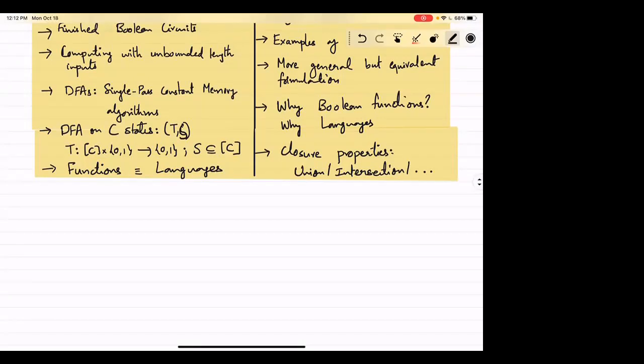And the definition, recall, had two important ingredients. The most important one was the transition function, T, which takes a state you are in and a bit that you're reading, and then tells you which state you're going to jump to next. So once I know this transition diagram, I'm pretty much fixed. Once we had the definition, we also defined what it means to have a function computed by a DFA.